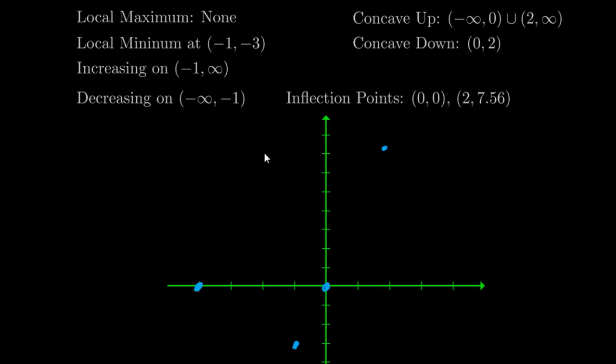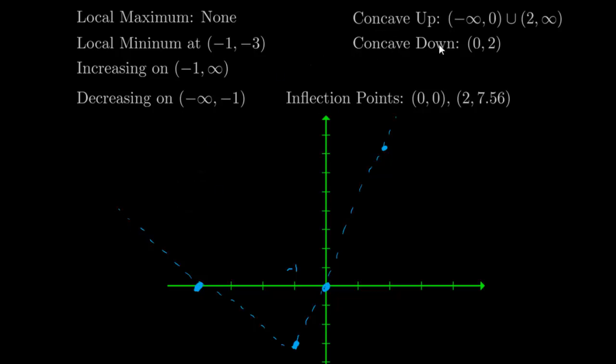All right, so what's happening over here? We are decreasing from negative infinity to -1. So that means we are going down like this. And then from -1 to infinity, we are going up. So we're going to have some sort of weird looking V-shaped thing, but we need to use now the concavity to connect these.